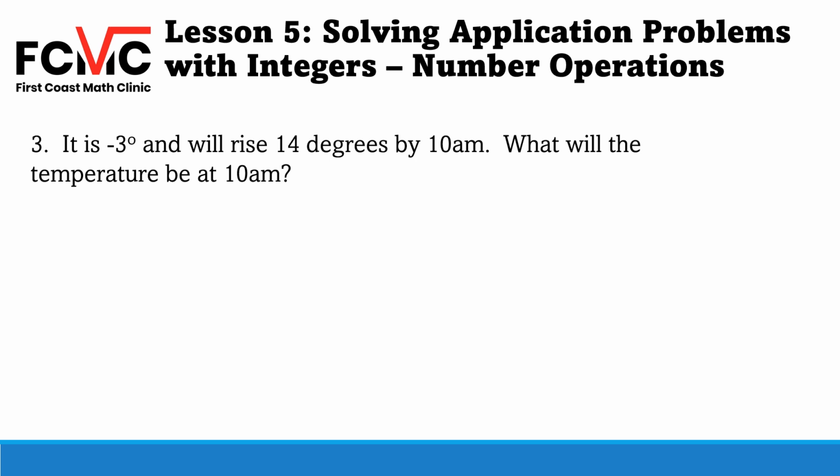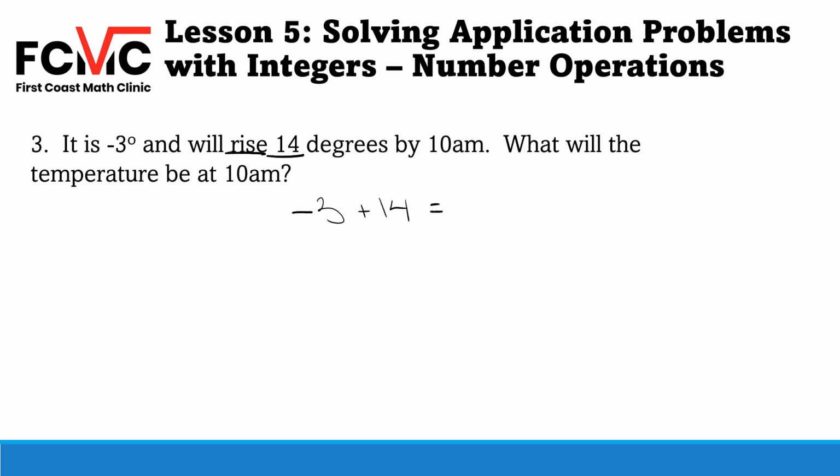So for number 3, it is -3 degrees and will rise 14 degrees by 10 a.m. What will the temperature be at 10 a.m.? So it's -3 degrees and it's going to rise. So we're going to add that because it's going to be a positive 14. So plus 14. So we're adding two numbers of opposite signs. When we add two numbers of opposite signs, we want the difference. Well, what's the difference between 14 and 3?